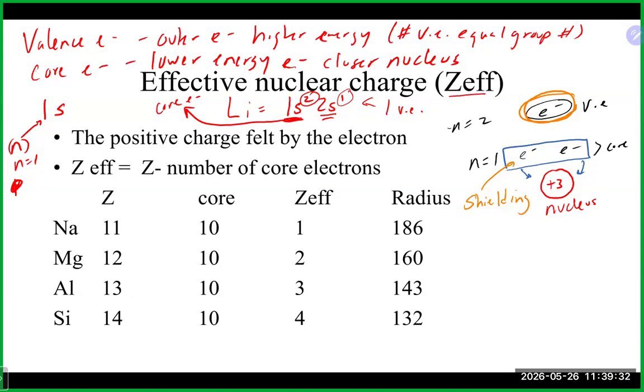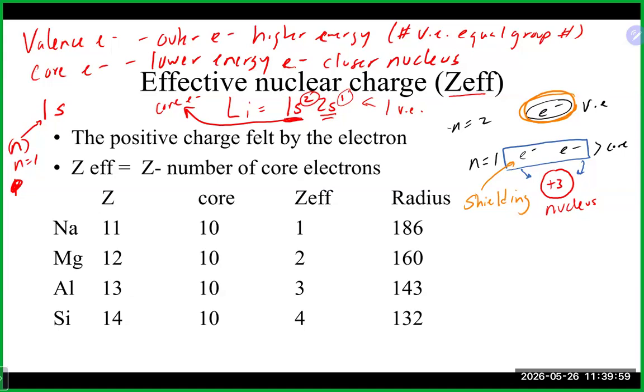The valence electron in this case is shielded from the full strength of that +3 charge of the nucleus by the lower energy electrons. Lower energy electrons will shield the positive charge that's acting on those higher energy electrons. The result is that the outer electron, the valence electron, does not feel that full positive 3 hold. It actually feels something much less than that.